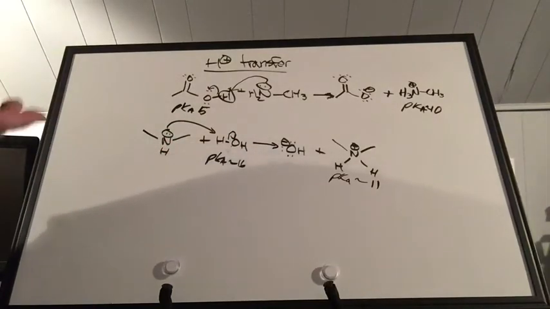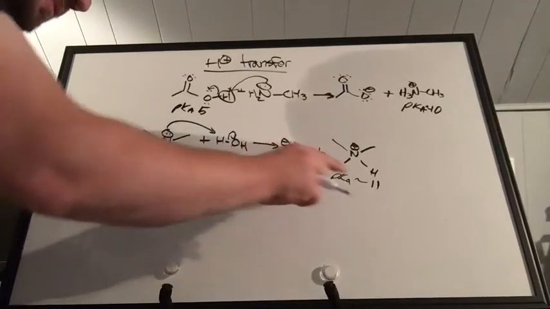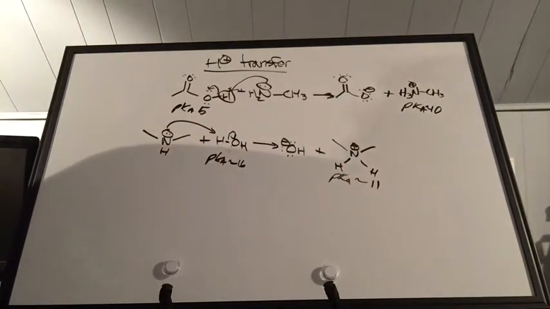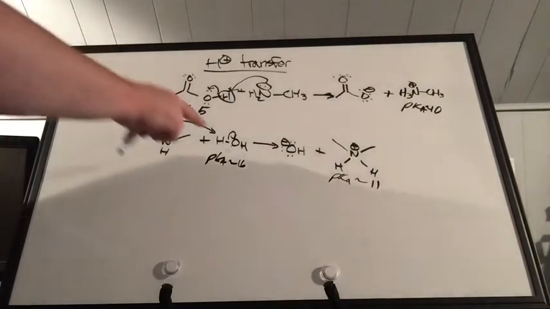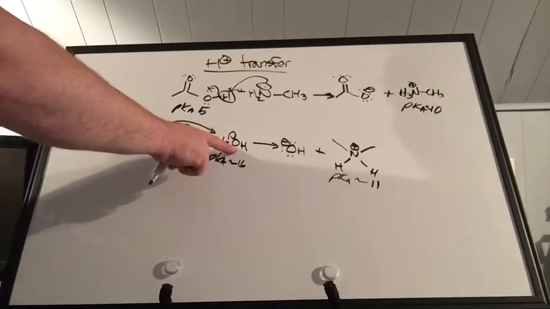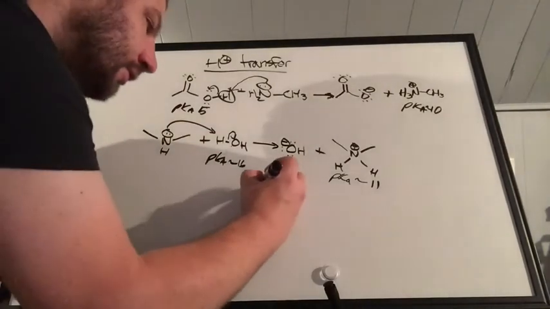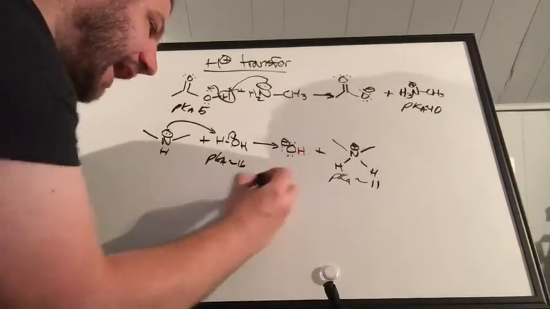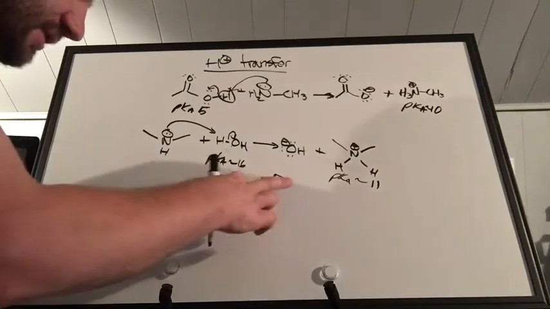If the delta pKa is 5, OH is more likely to keep that hydrogen by a factor of 10 to the 5, going in this direction. Now I just simplified these numbers.